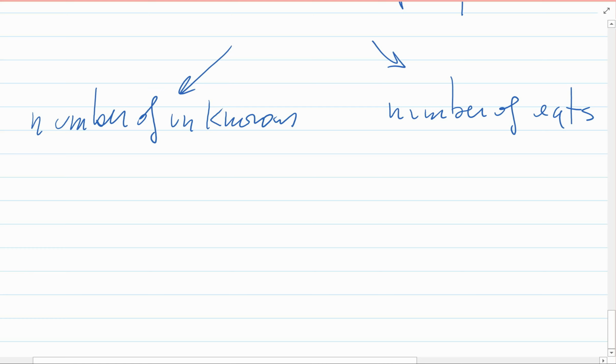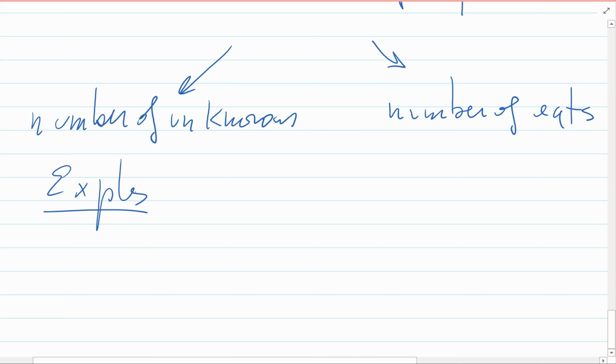Remember what the goal is. The goal is to make the unknowns known, or solving the system of linear equations. So how do I write this system? First of all, before I write the general form, let me give you some examples.